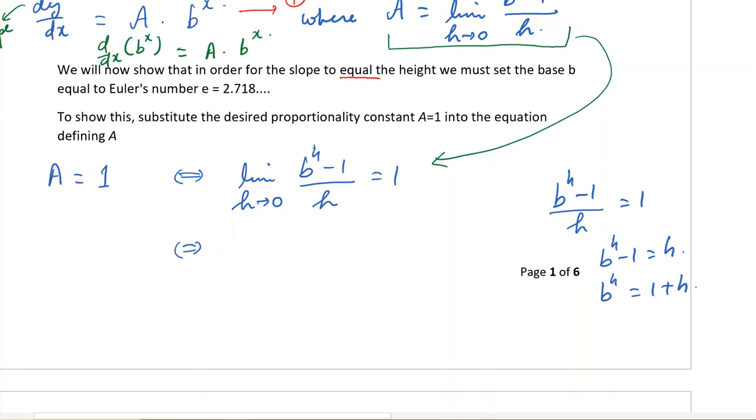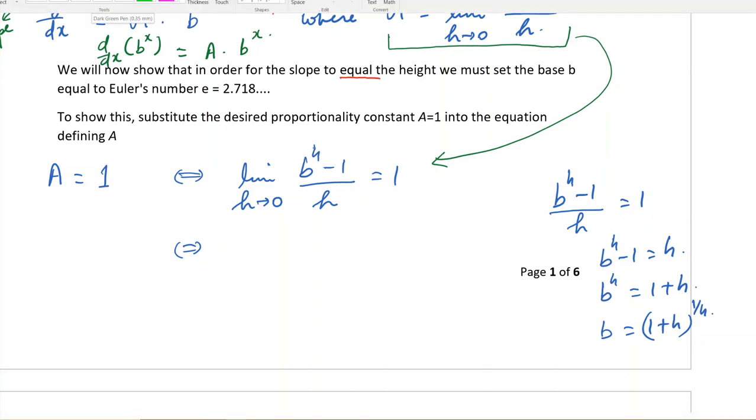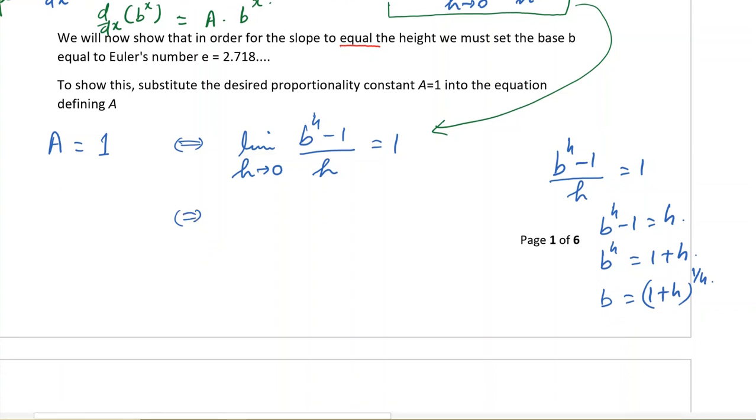And then we need to take 1 over h power on both sides. So we got this expression. So basically from here we got that b is equal to limit h approaches 0, (1 plus h) raised to power 1 over h.